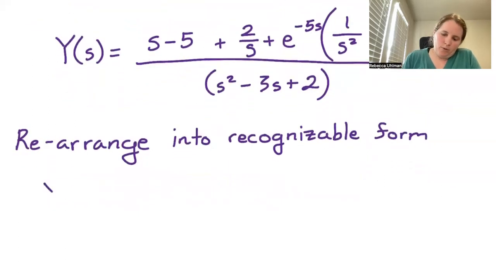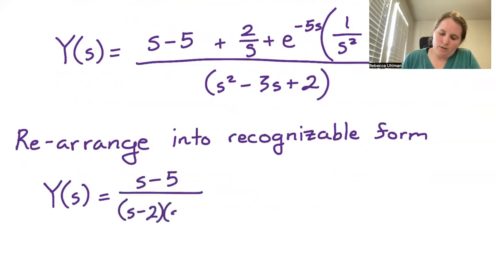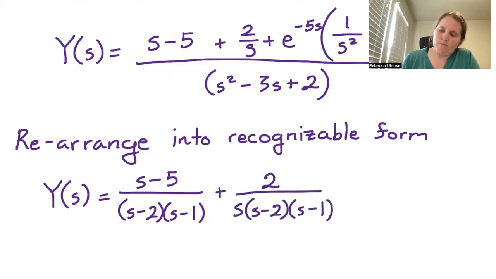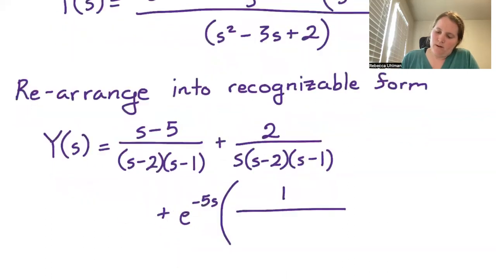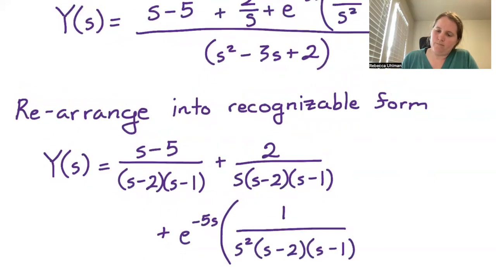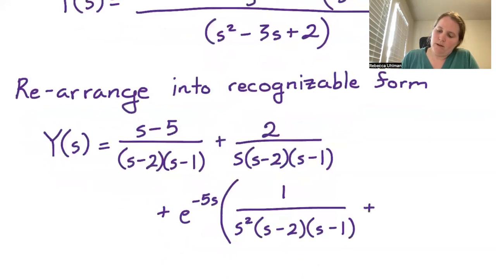So we have capital Y of s is equal to s minus 5 over s minus 2 times s minus 1 plus 2 over s times s minus 2 times s minus 1 plus e to the negative 5s times 1 over s squared times s minus 2 times s minus 1 plus 3 over s times s minus 2 times s minus 1.